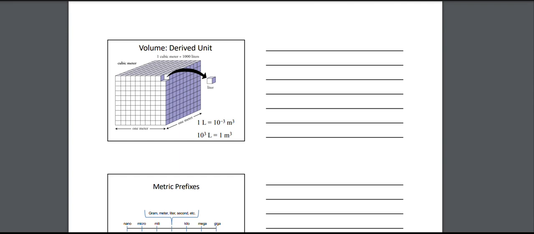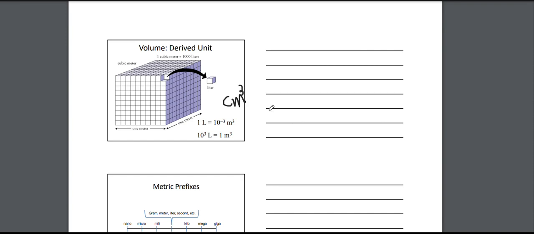For example, 1 liter is 10 to the power negative 3 of a cubic meter, and we'll talk about this in more detail. Or 10 to the power 3, or 1,000 liters, equals 1 cubic meter. You might also be familiar with the cubic centimeter, with a superscript 3. I don't know if you've done any biology, but you might have seen this.